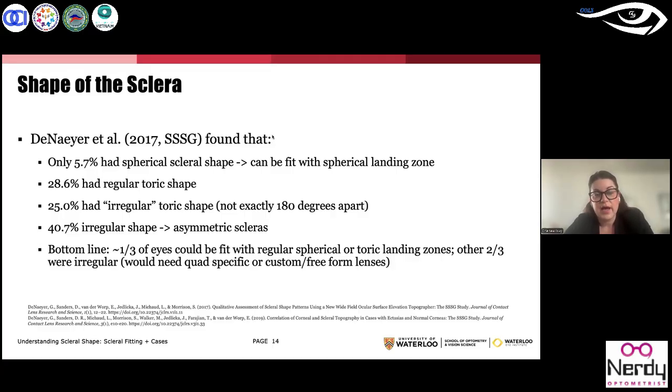To put this in perspective, only about a third of these eyes could be fit with a regular spherical or toric landing zone. The other two-thirds had a more irregular shape and would theoretically need a quadrant-specific or some sort of custom freeform scleral lens.